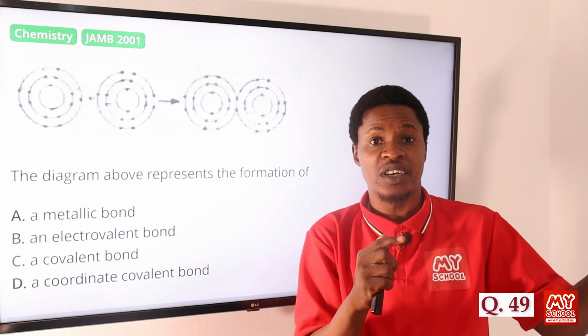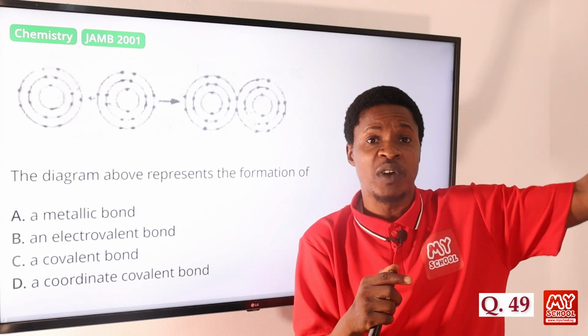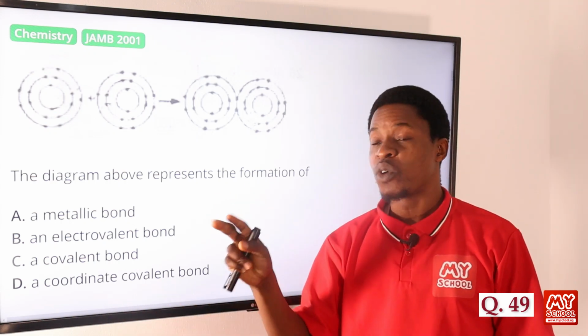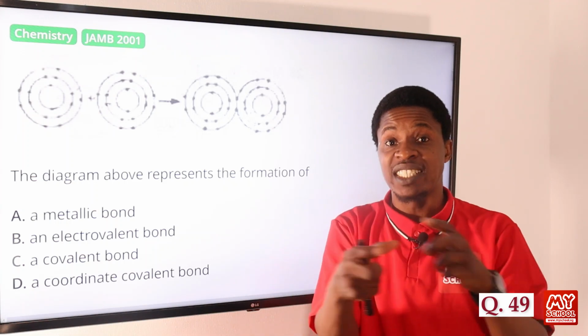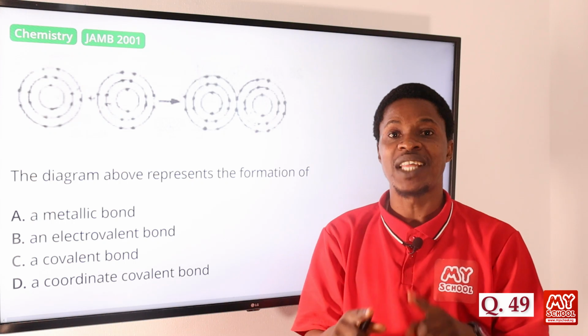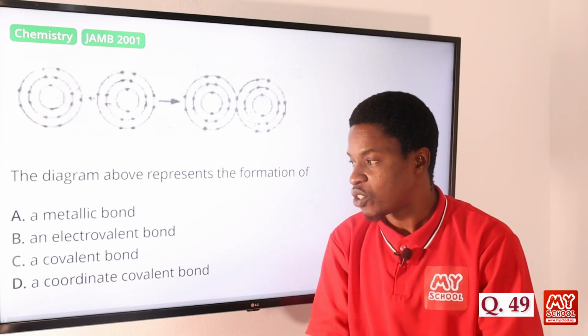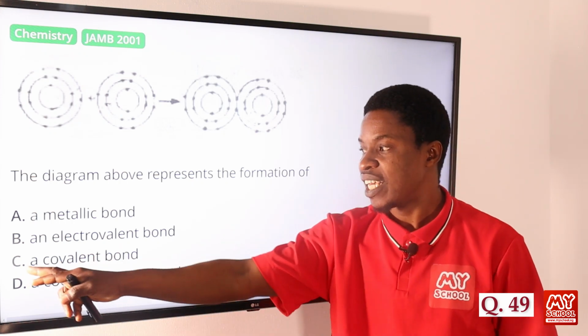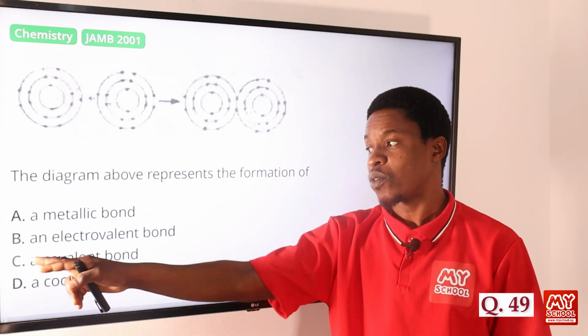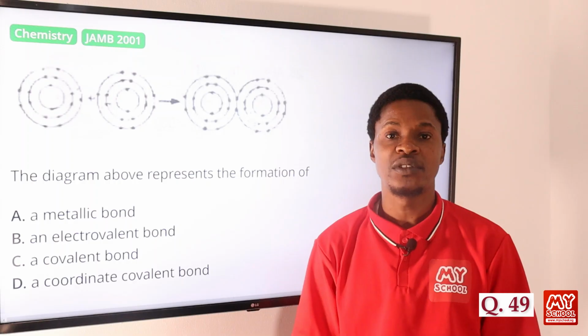If it was just one among those two that donated the 2 electrons that were shared, then it would have been coordinate covalent. But it was both of them that contributed the 2 electrons that they shared, each of them bringing one. So that is ordinary covalent bonding. So option C, a covalent bond, was what happened in this case. Now, so the correct answer is option C.